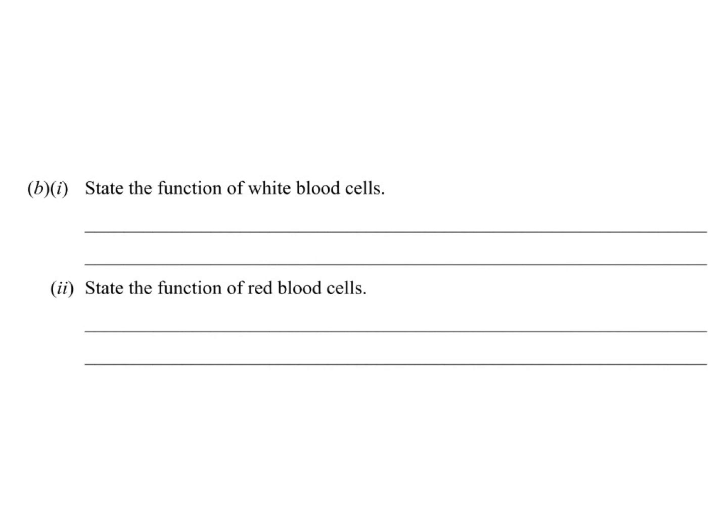So here is an exam question which has popped up before, so we'll have a quick look at this and see what answers will be suitable for this. And it's just asked us to state the function of white blood cells and state the function of red blood cells. So the function of white blood cells is to protect against disease or infection.